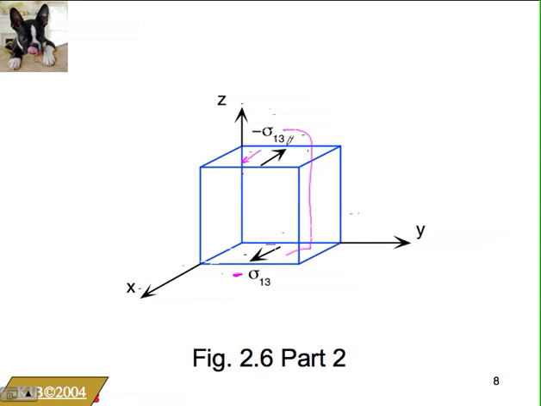If I define this as minus, it gets confusing in terms of the magnitude, but it's important to note that sigma 1, 3 is defined as positive, and sigma 1, 3 defined as positive would be a couple with that arrow and with this arrow operating on the cube. Okay, so this is the opposite of that.